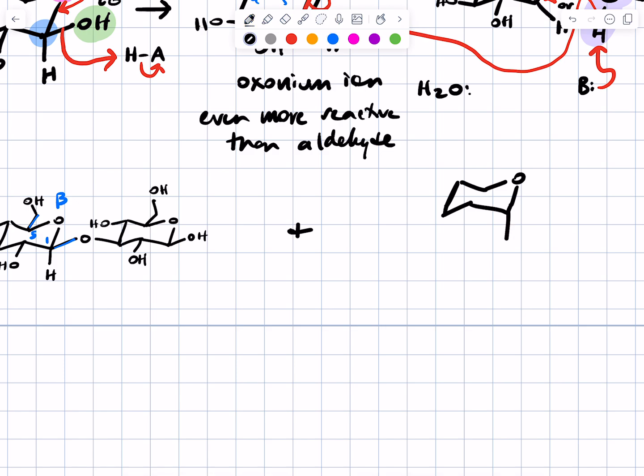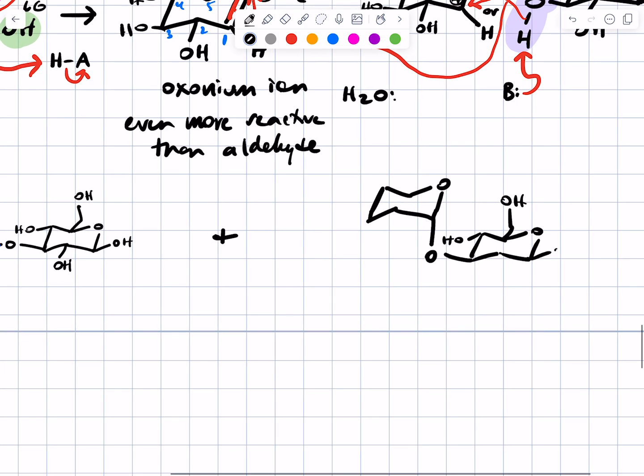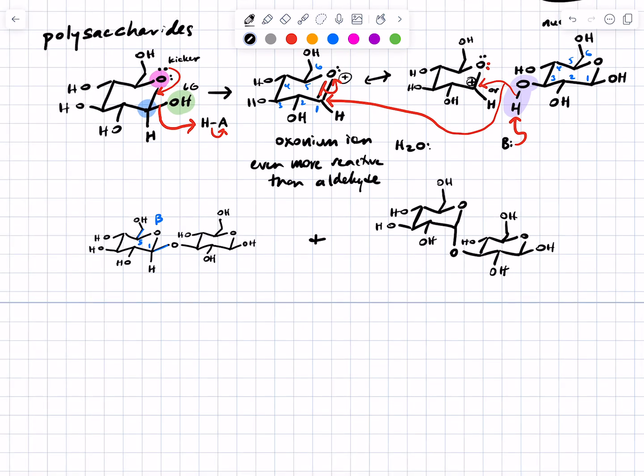The other option is to get this configuration. And now the C1 group, they're on opposite sides, so this is the alpha configuration. Okay, those are two disaccharides.